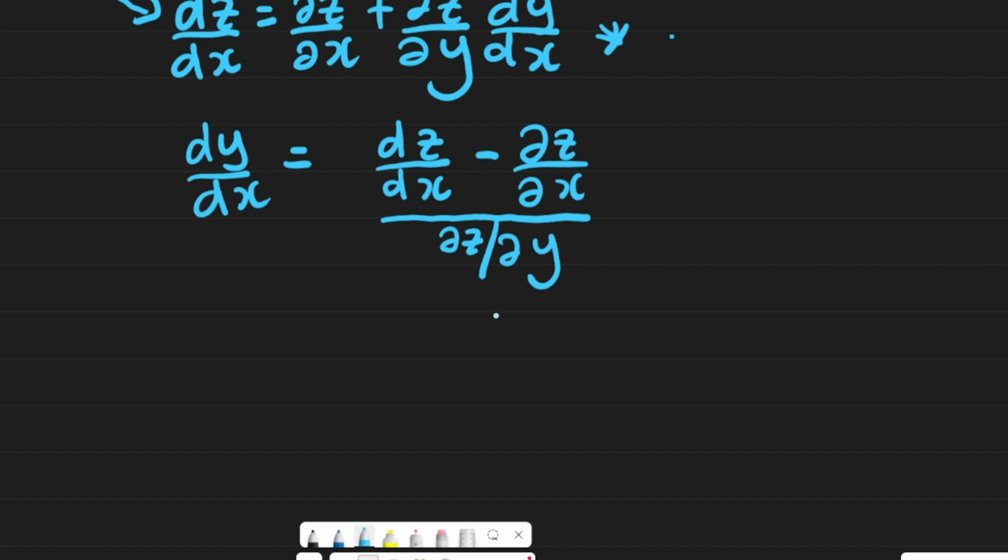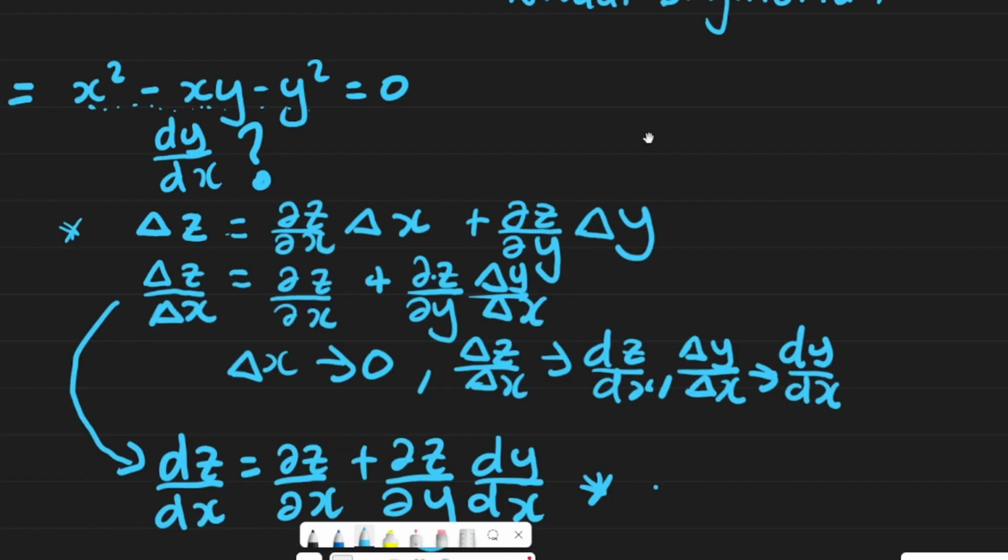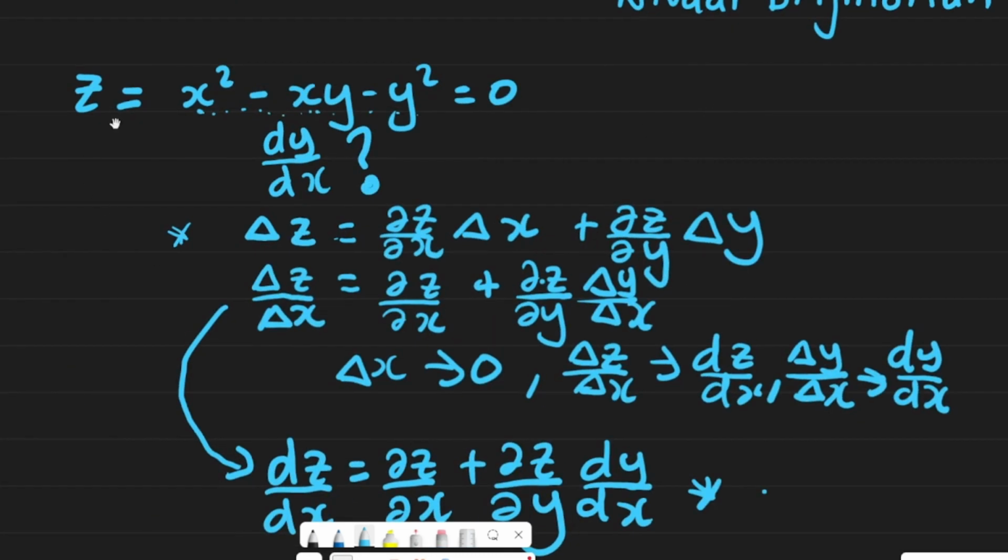However, if we look at the original problem, we can see that we have called z to be this entire function. And what is z equal to? Z is equal to 0. So what that means is that dz dx must equal 0 as well.